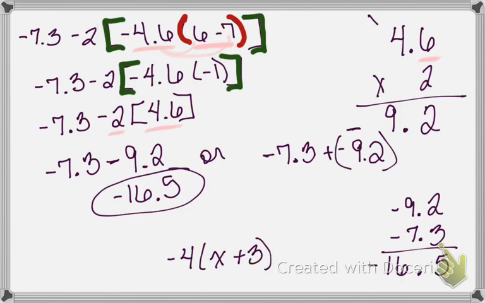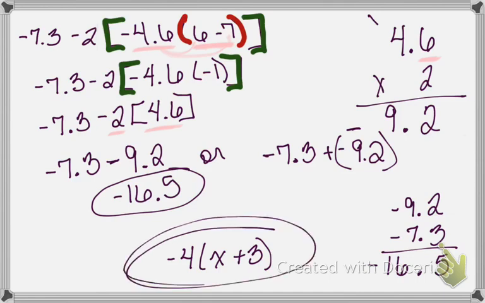It would not have been wrong if you had distributed that negative 4.6. You would have gotten the same answer. But this is typically what we look like when we're distributing, and that wasn't what we had here. If you can simplify what's in parentheses, you want to go ahead and do that. Can I move to the next screen?